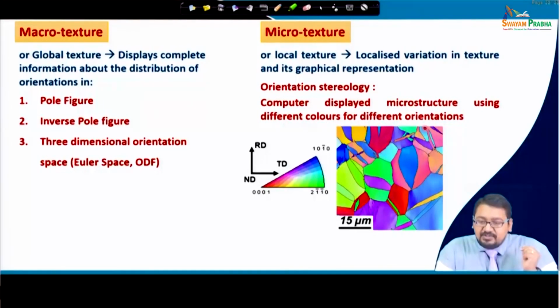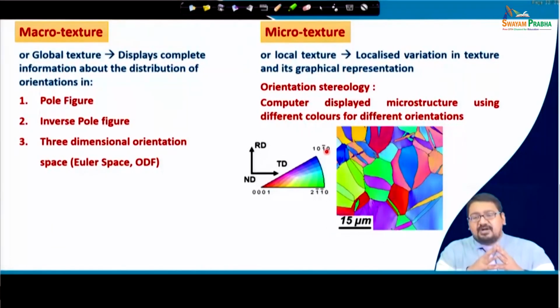As we have shown in previous lectures, this colored micrograph is not a random colored micrograph, but a computer generated microstructure which gives the information of the orientation stereology.